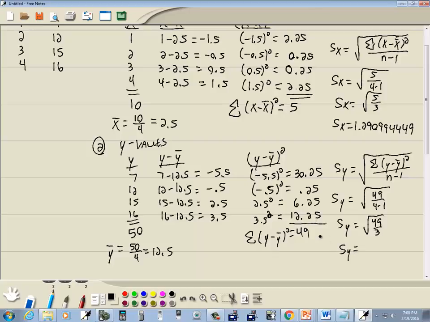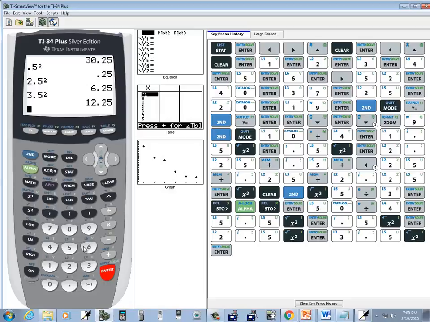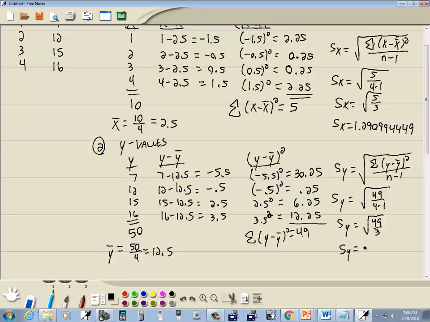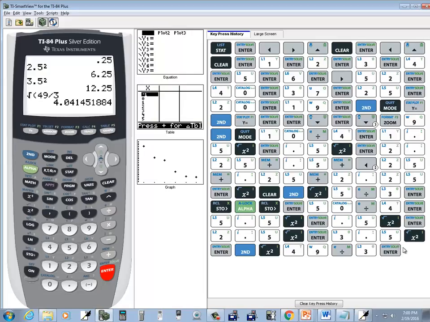So then, square root of 49 divided by 3 gives 4.04145188.